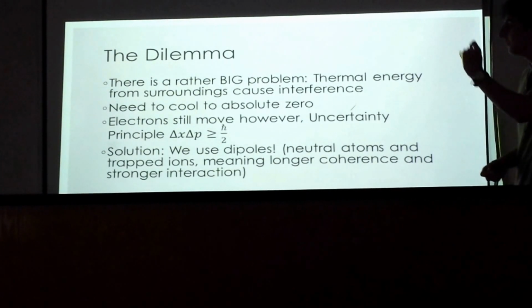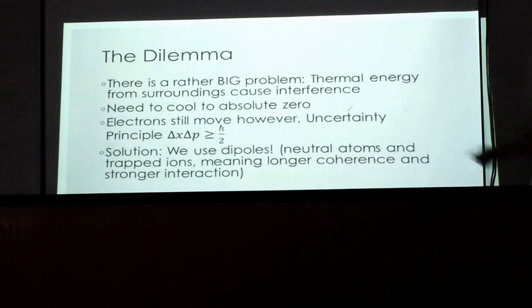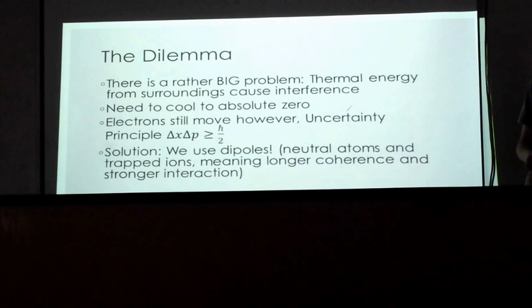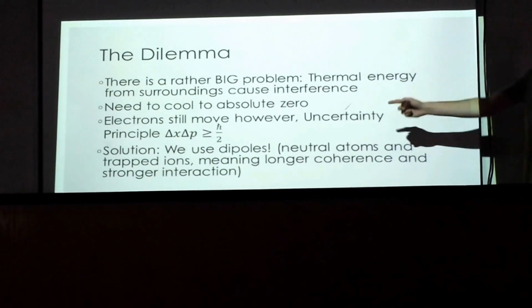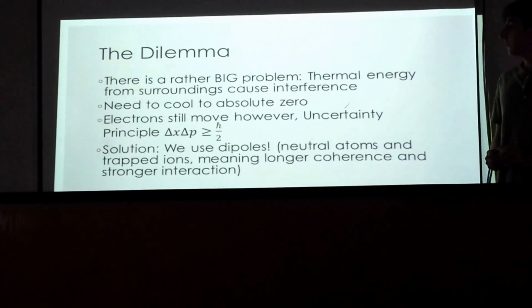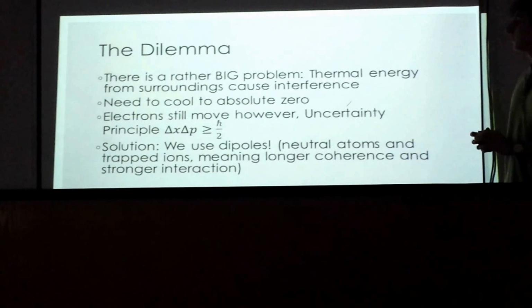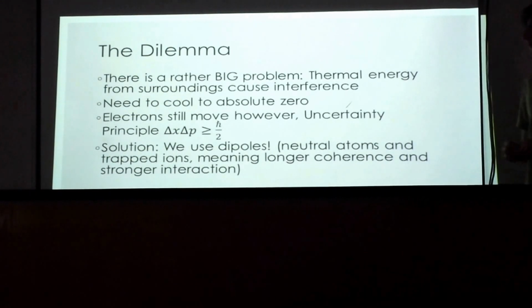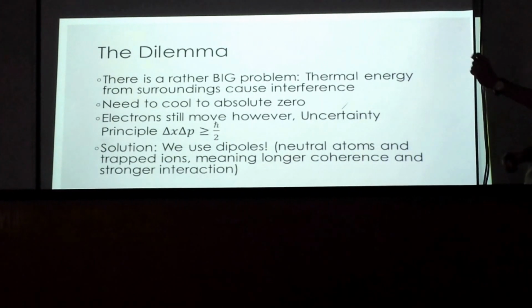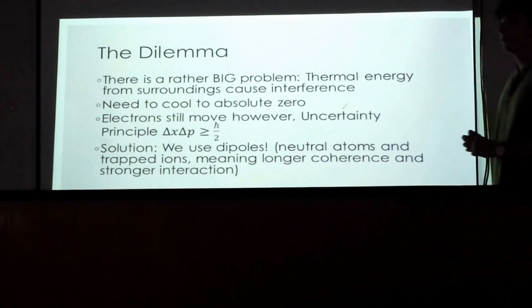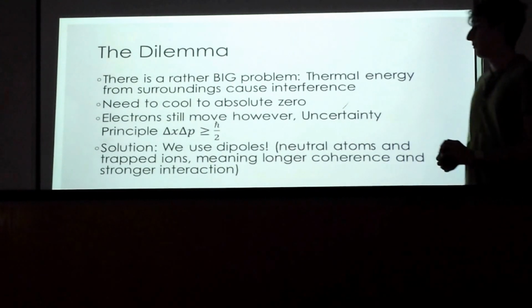So we need to cool it to very, very small temperatures where there's no more thermal energy or interference from the surroundings. People in different labs around the world got the temperature to be like 0.00001 times absolute zero, which is pretty close. So thermal energy is basically not there anymore.